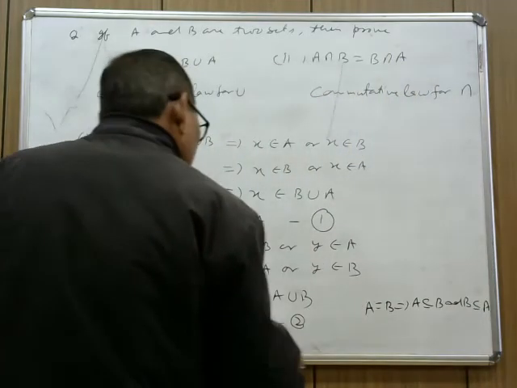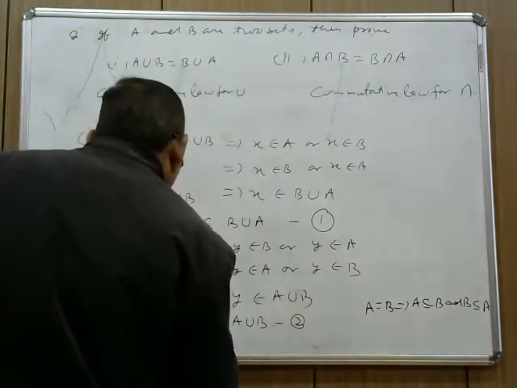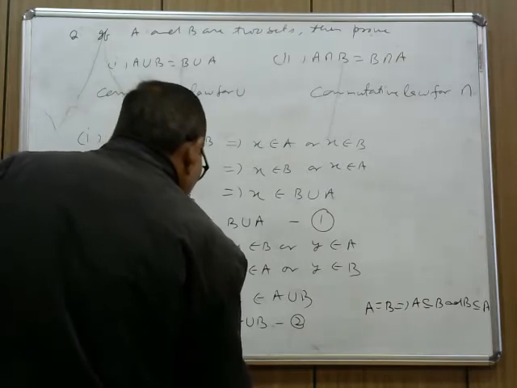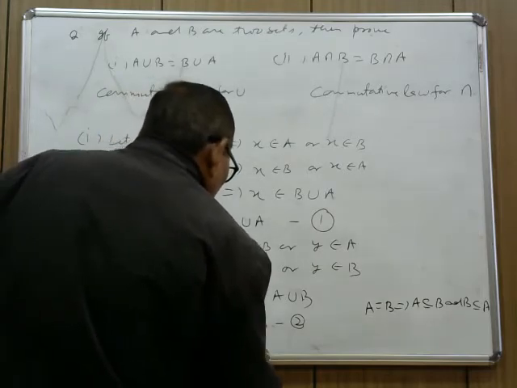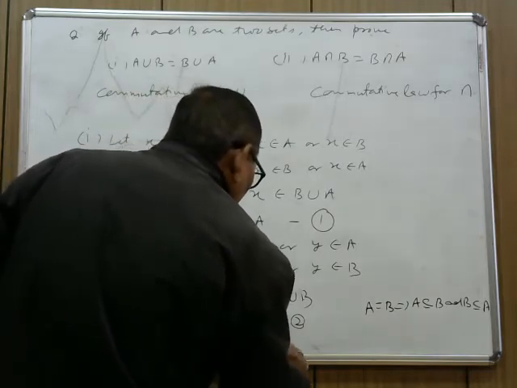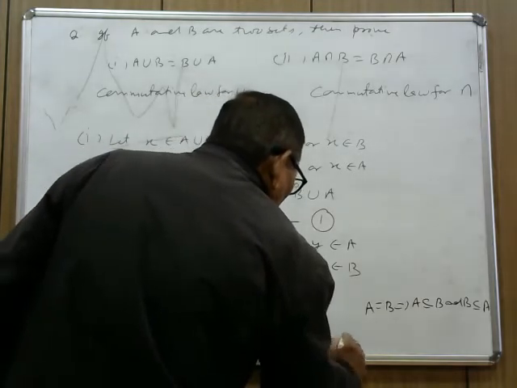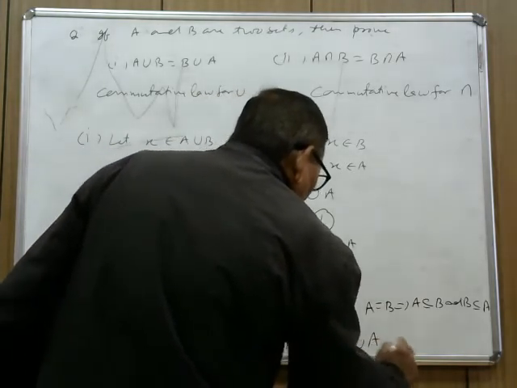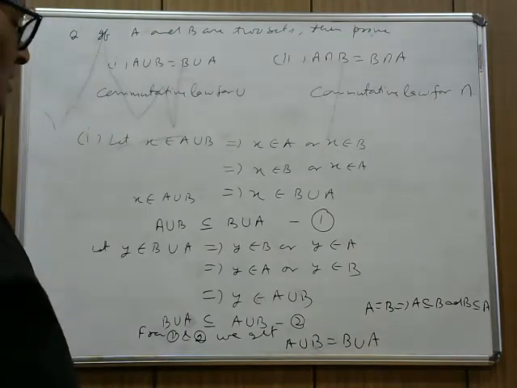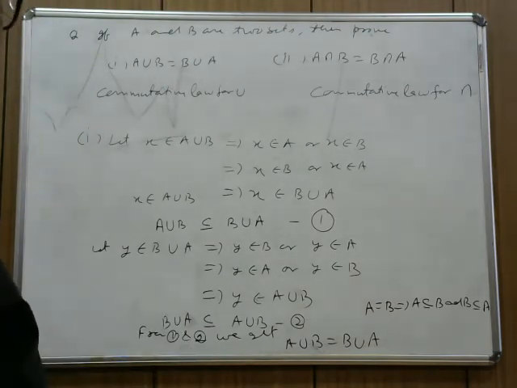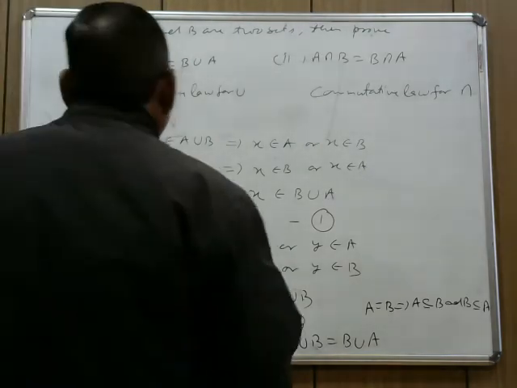So by this, from 1 and 2, we get A union B equal to B union A. In this way, you have proved commutative law for union. Similarly, you can prove this result for intersection.